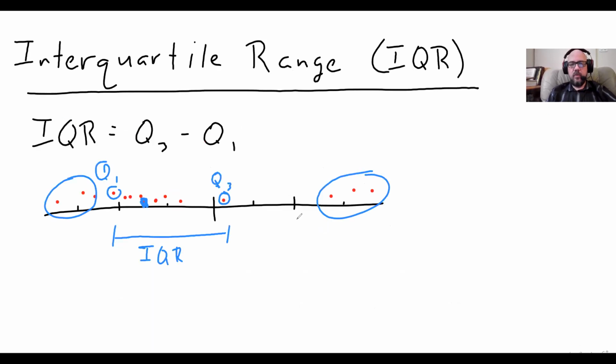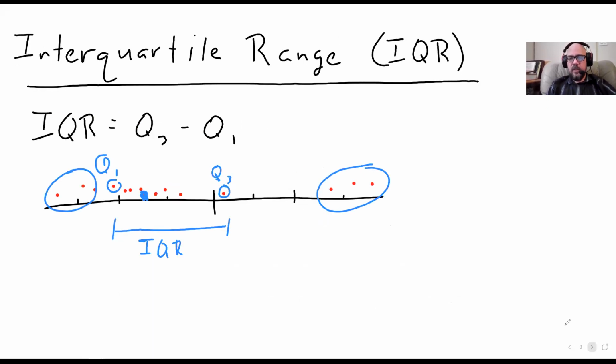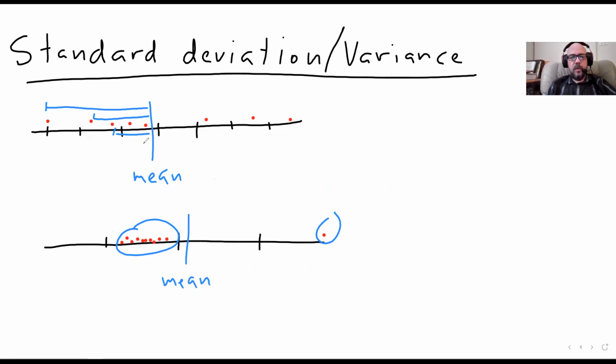So something like this. Right, so this is an X right here. One of these dots is X. So X minus X bar in this case, so the mean is right here, X minus X bar is negative because this number is smaller than this number.